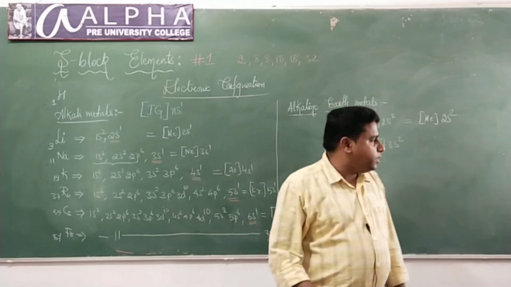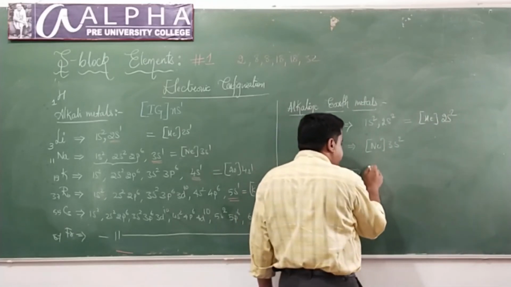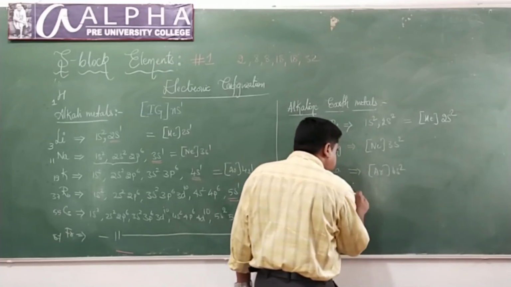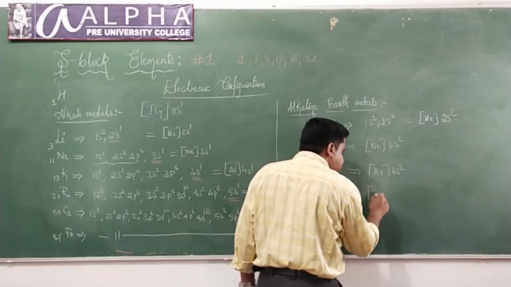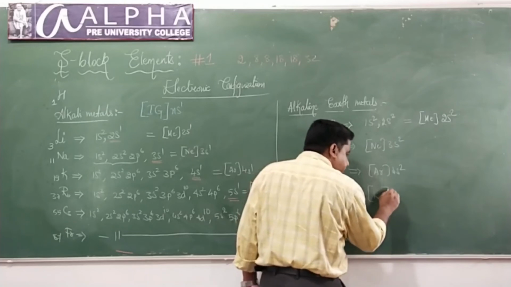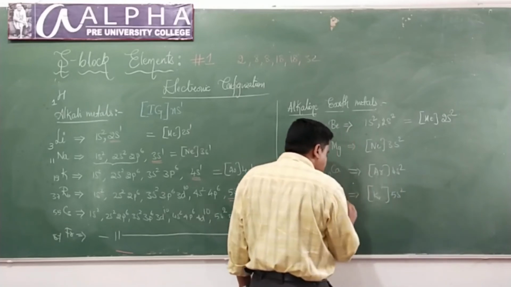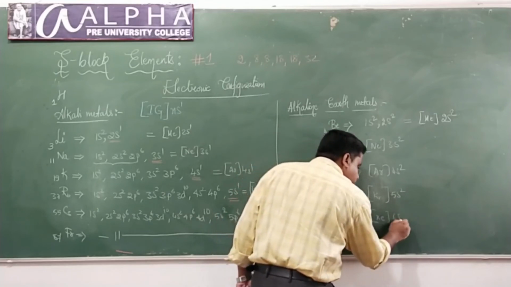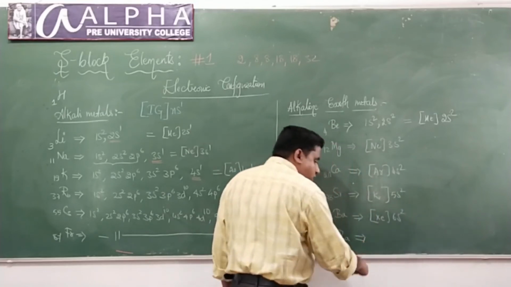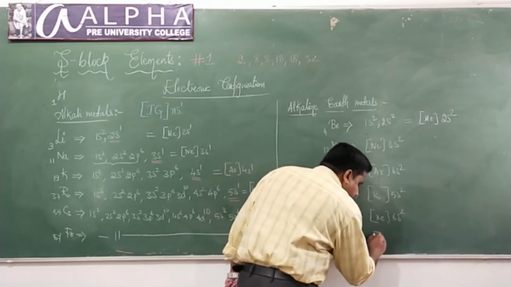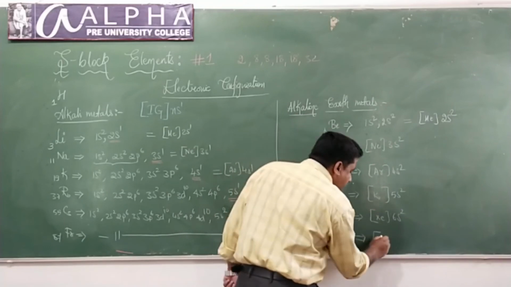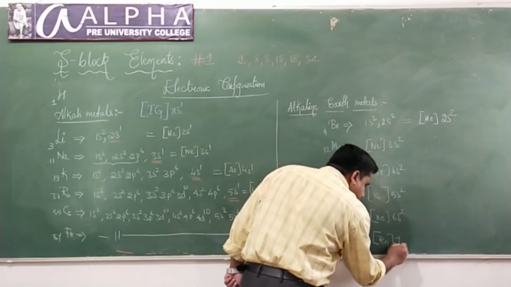For calcium, argon configuration 4s2. For strontium, krypton configuration 5s2. For barium, xenon configuration 6s2. For radium, radon configuration 7s2, isn't it?